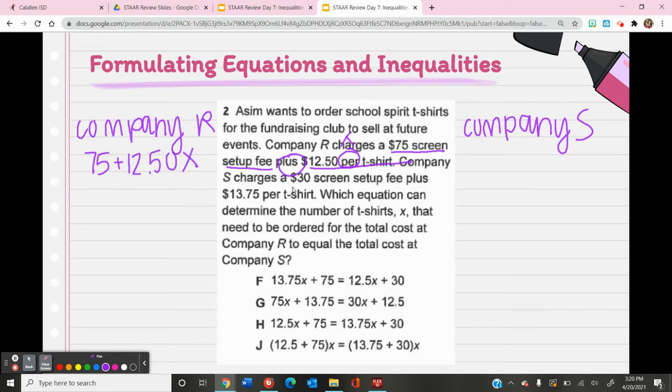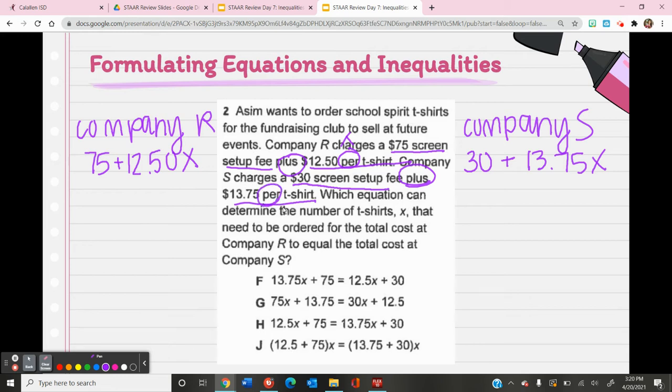And then company S, they charge $30 for their screen setup fee. So you're going to pay them $30 plus you're going to pay them $13.75 for every t-shirt. So 30 plus 13.75x. Again, that 13.75 is going to get the X because of this word per.